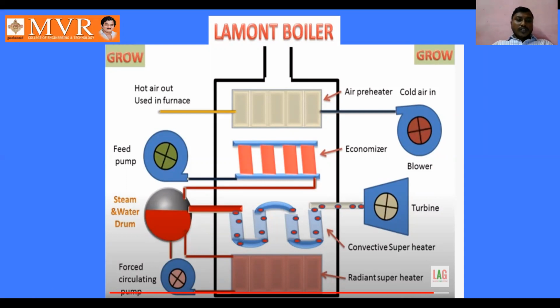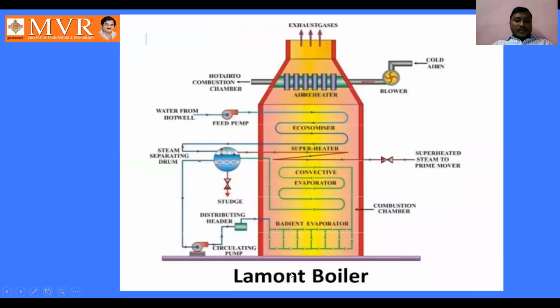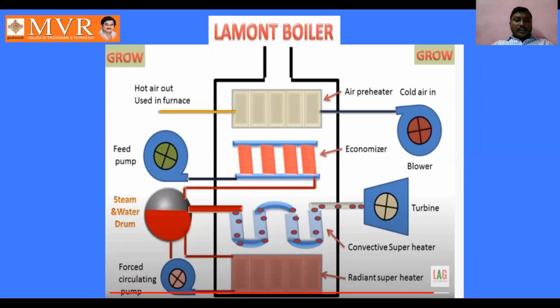By using this forced circulation pump, the water enters into the Lamont radiant section. Here it is converted into vapor, and the water vapor that has been formed again enters into the steam and water drum.